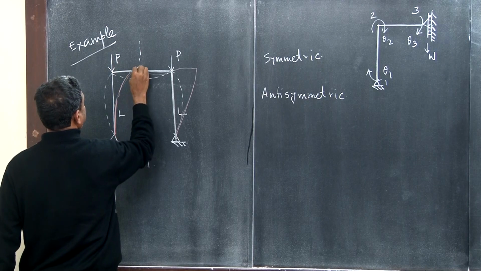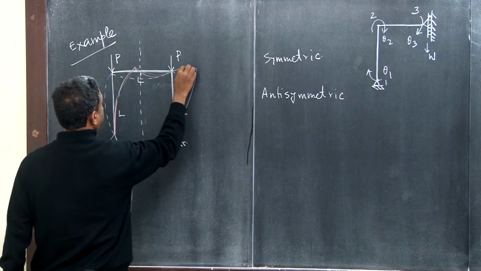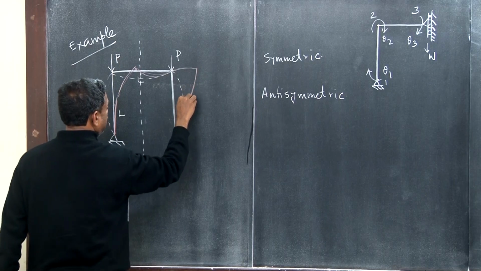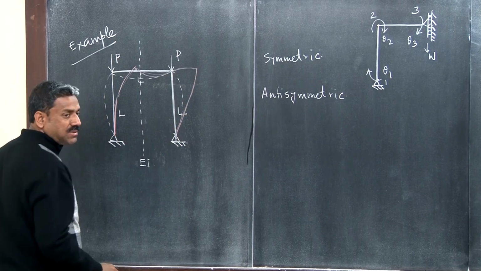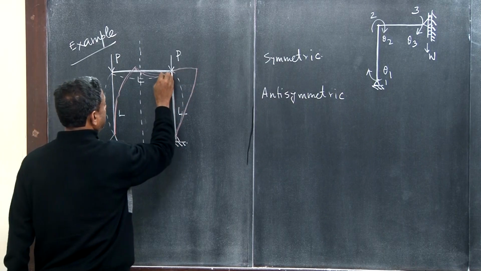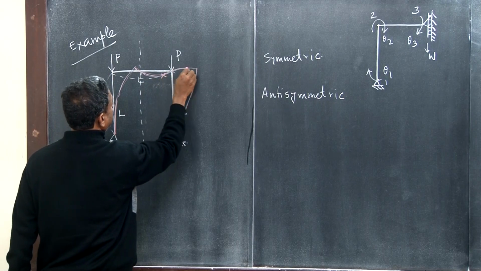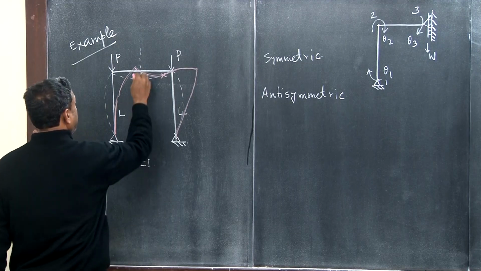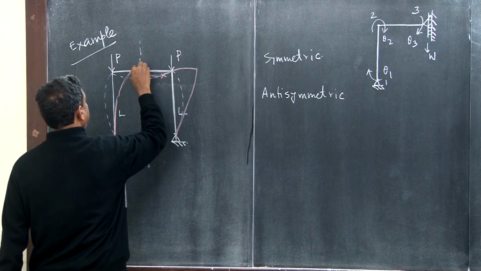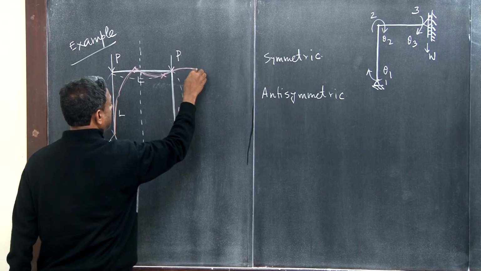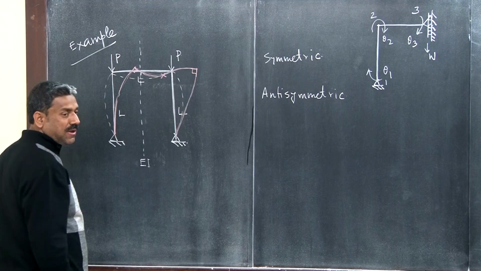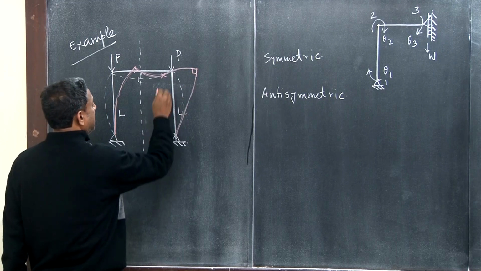In anti-symmetric mode, we can see that there will be a point of counterflexure here, because from positive curvature it will go to negative curvature, right? And here the 90-degree angle should be maintained. Here also the 90-degree angle needs to be maintained, right?